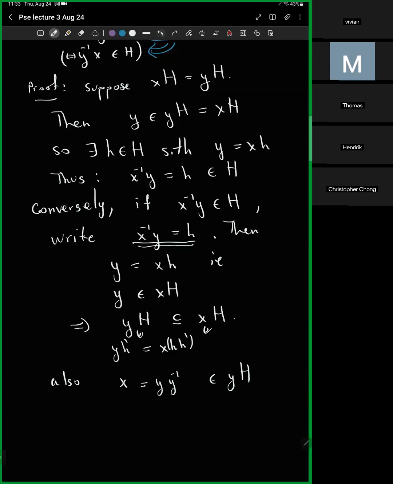Sorry, x. I have this is the same as saying x is equal to y^-1 h.